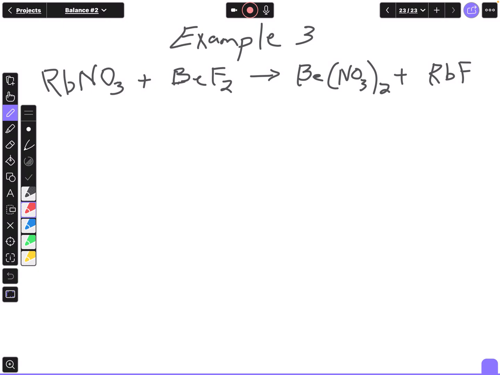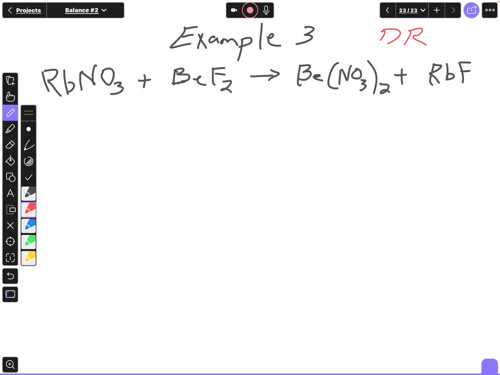Now, if we look at what type of reaction this is, well, we have two reactants, two products, and they're all compounds. I got a compound plus a compound produces a compound plus a compound. This can only be a double replacement reaction.